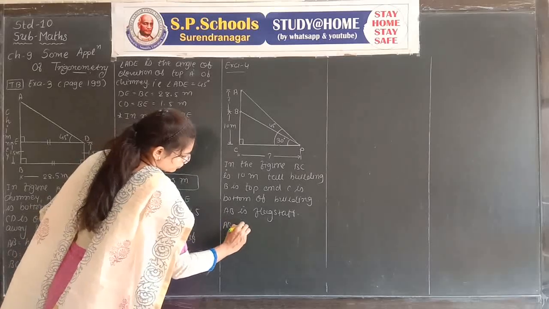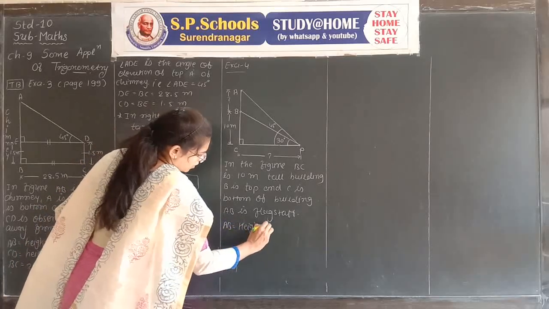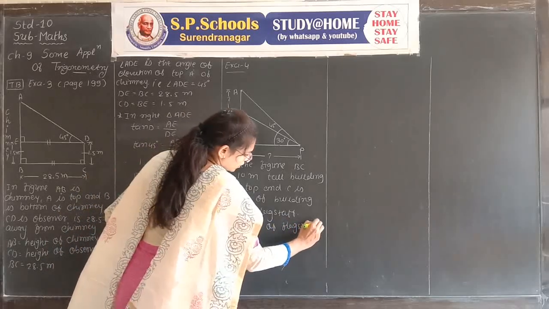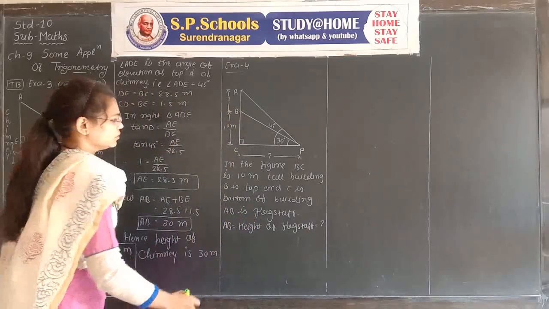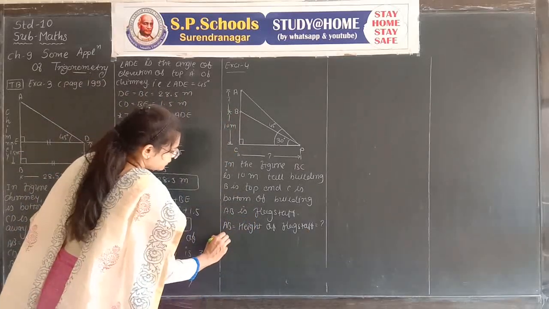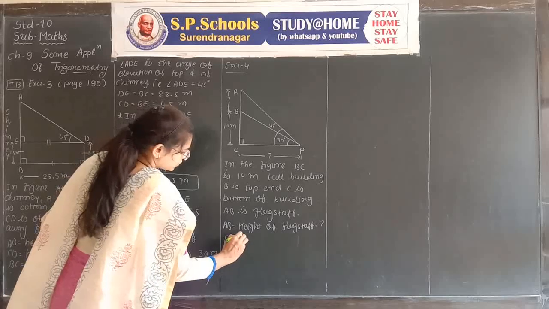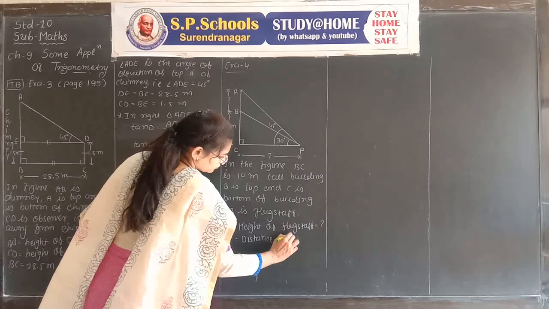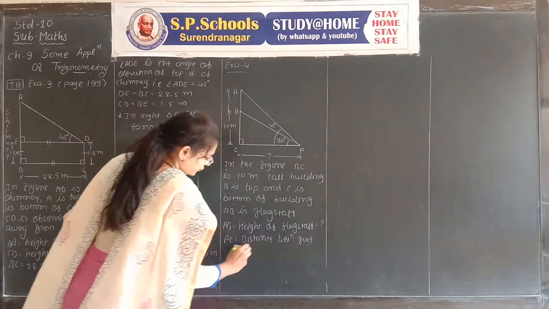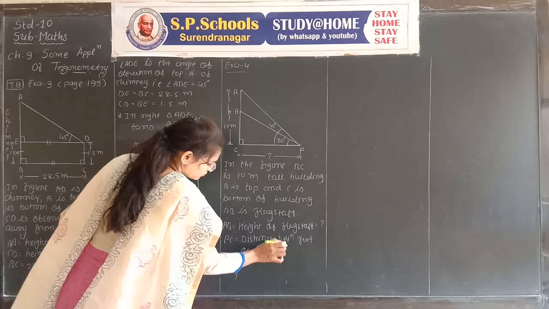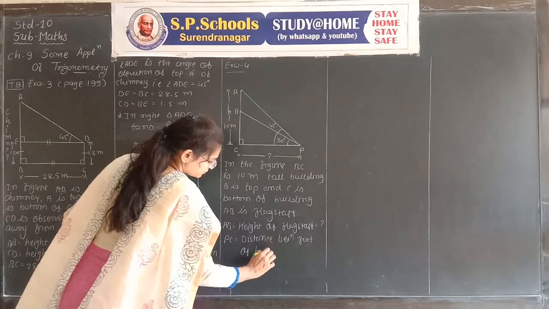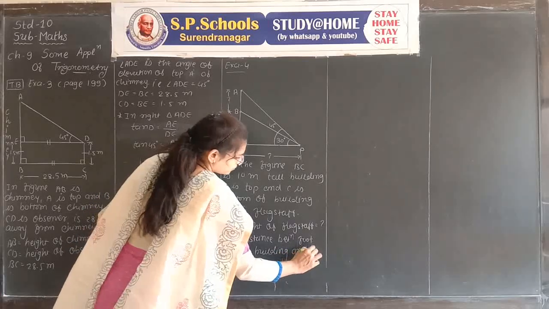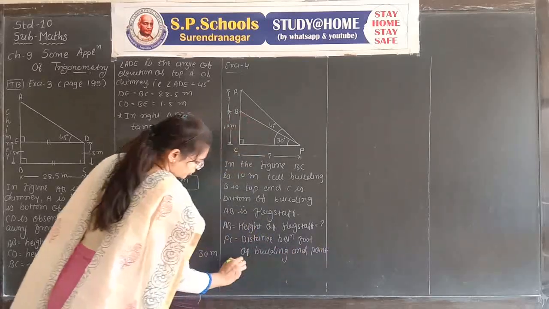AB is equal to the height of flagstaff, which is equal to question mark, and again PC is equal to the distance between the foot of the building, or simply building, and point P.